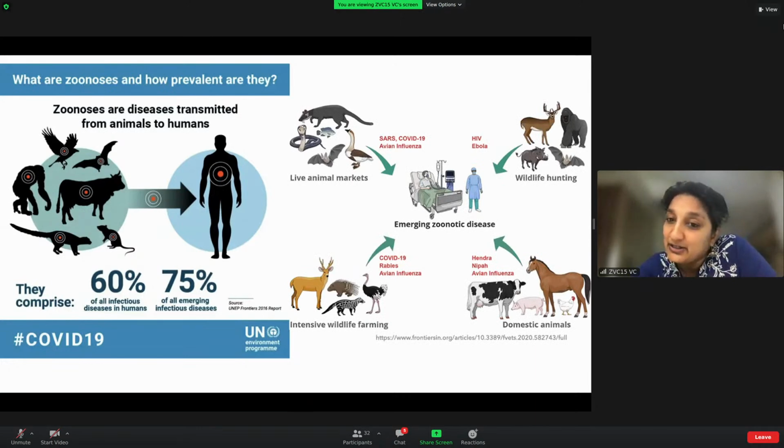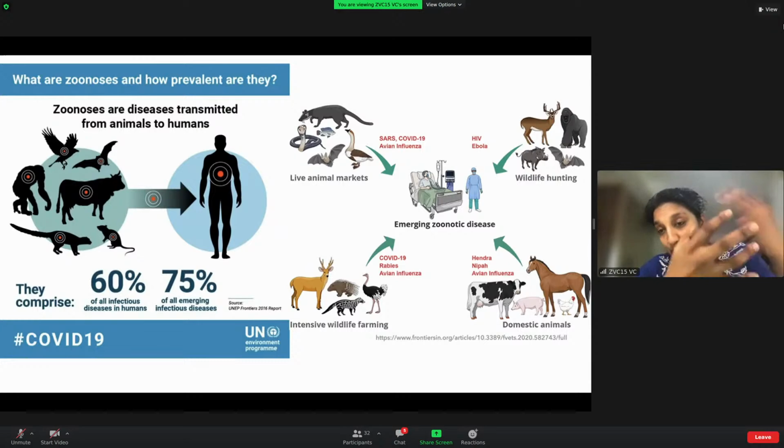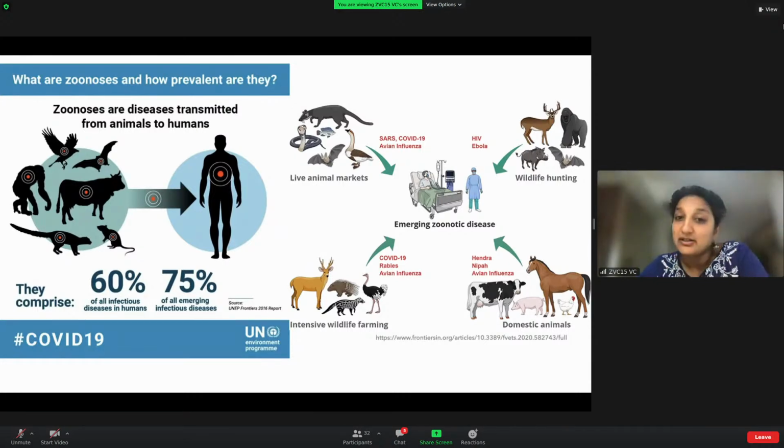And these emerging zoonotic diseases can spill over in various ways. Live animal markets have been discussed a lot in the last year. Of course, intensive wildlife farming, ostrich farms, civet farms, and so on. We heard a lot about the case in Denmark and the Netherlands where many animals had to be sacrificed because of being infected.